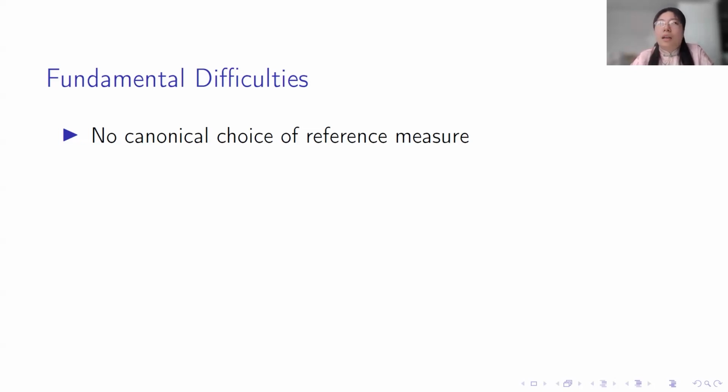That is, a direct thought would be, okay, I just take the heat kernel for the sub-Laplacian times some nicely chosen reference measure, and this is my choice of measure.